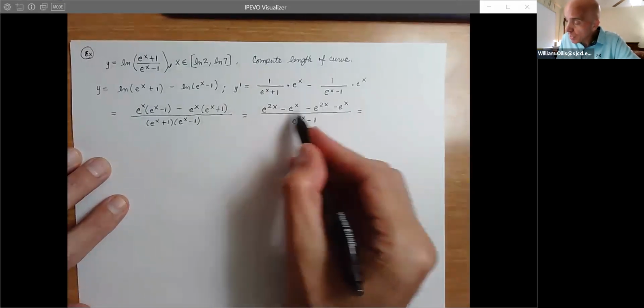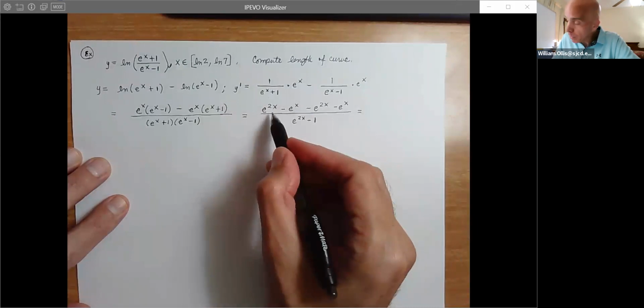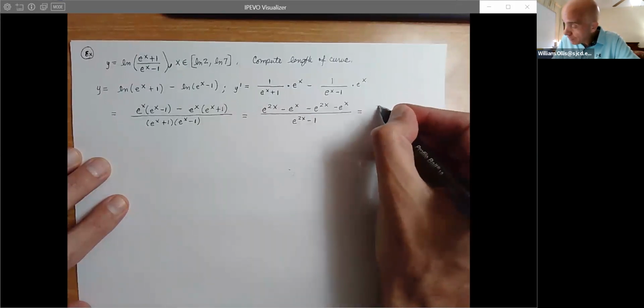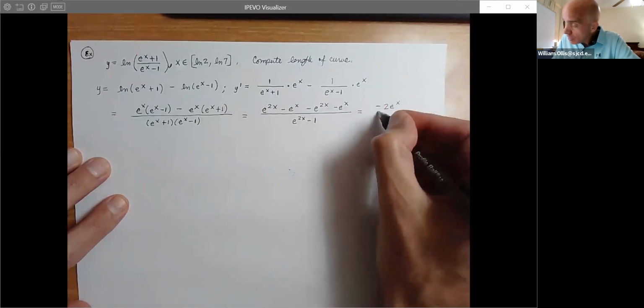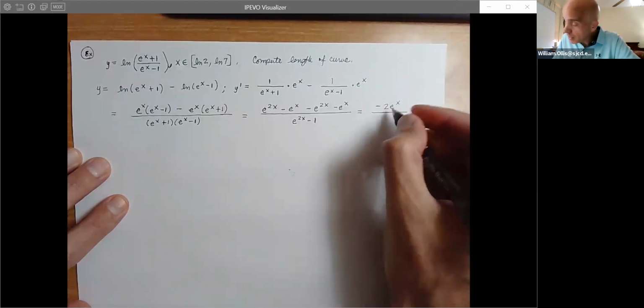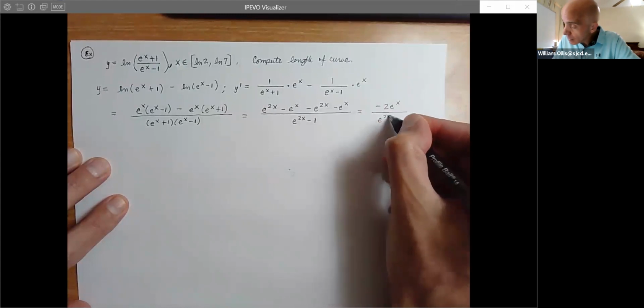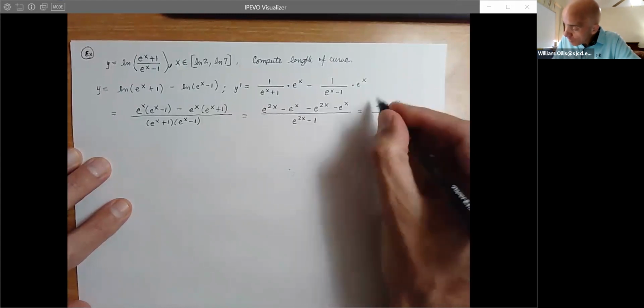And now, of course, the square terms absorb, and we're left with negative 2 e to the x. So negative 2 copies of e to the x, e to the 2x minus 1. So that's our y prime.